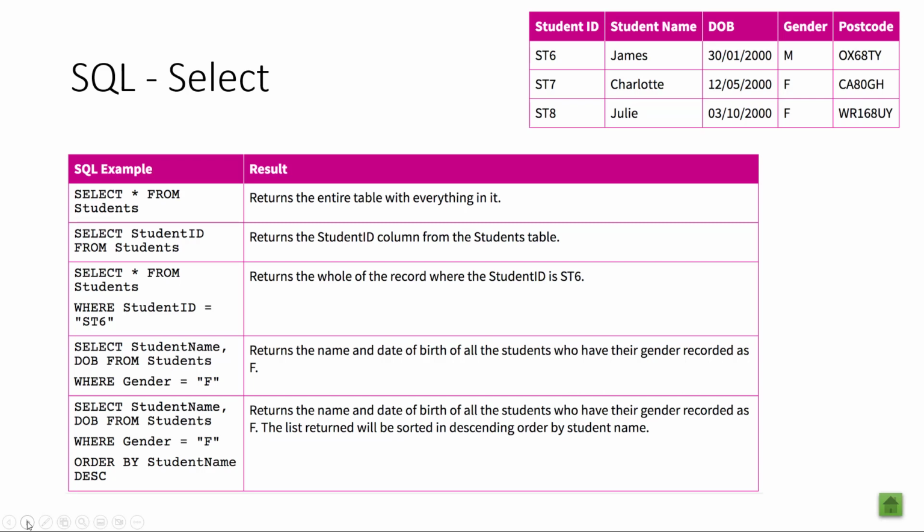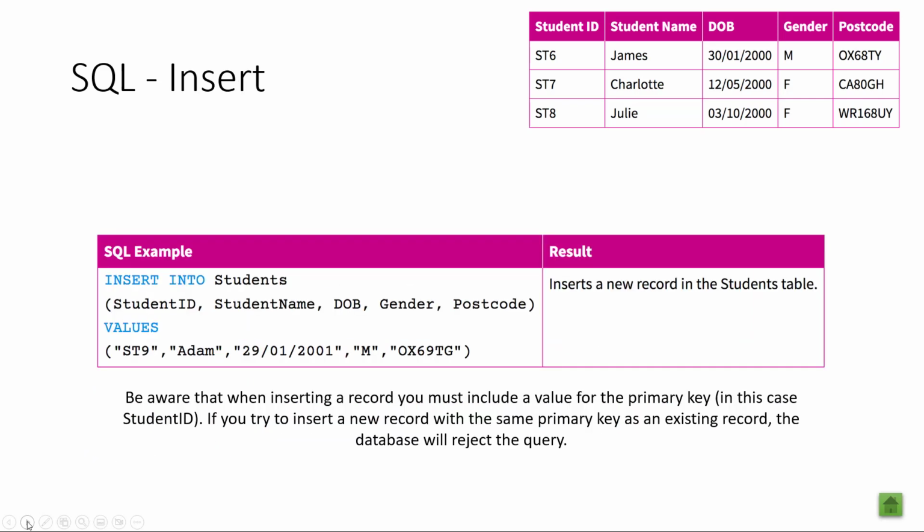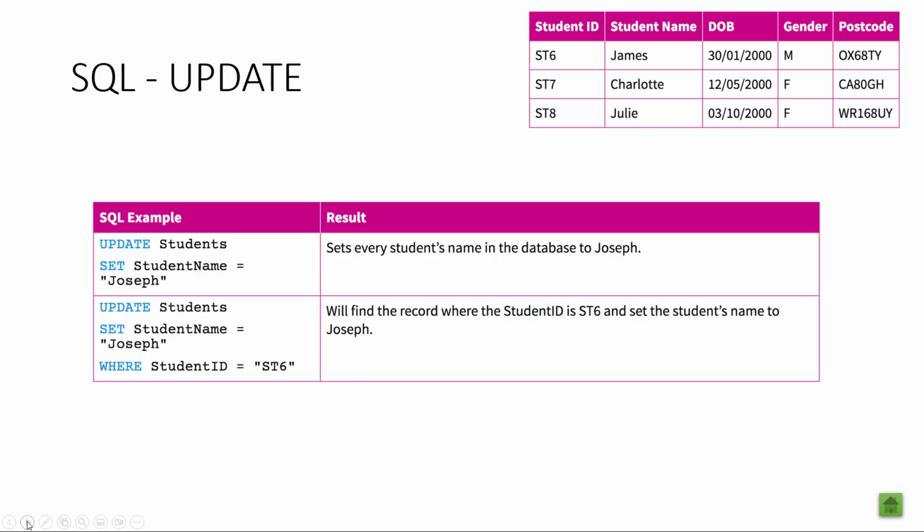Well, select from wheres are very simple, worth a mark each, for example, like that. Insert into is a bit more of a complex command. That'll be worth 2 marks. So you're going to insert into the student table: student ID, student name, date of birth, gender, and postcode, and the values are ST9, Adam, etc. So you have to provide insert into students, provide the names of the fields, the columns you've got there, and then the values are below in speech marks. Okay.